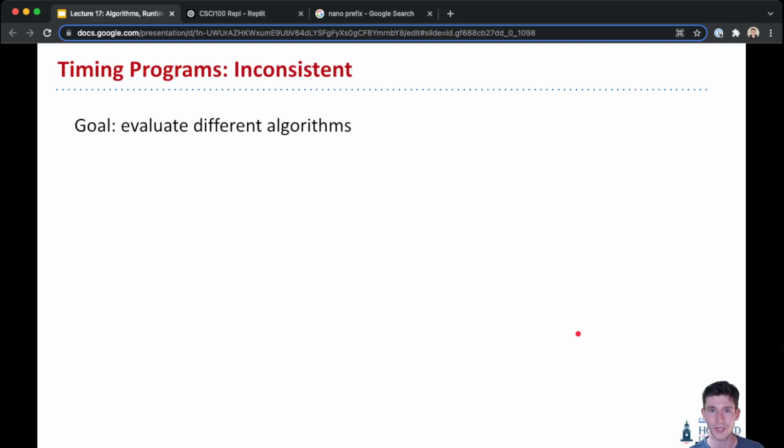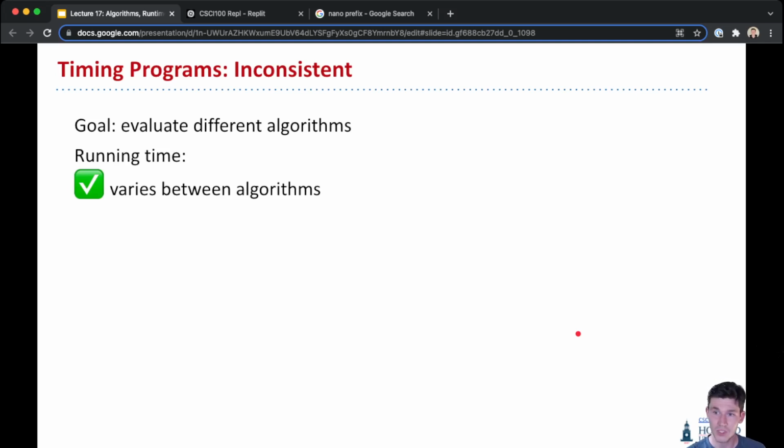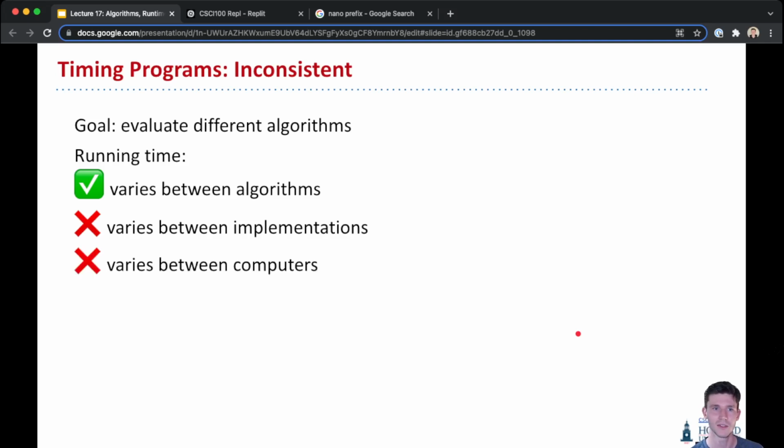Our goal was to evaluate different algorithms. And looking at running time, we do notice a variation between different algorithms. But with different implementations, like if you're on a scooter or you're walking the same path, the time actually varies, and that's not ideal. It also varies between computers. In fact, it's not very predictable.